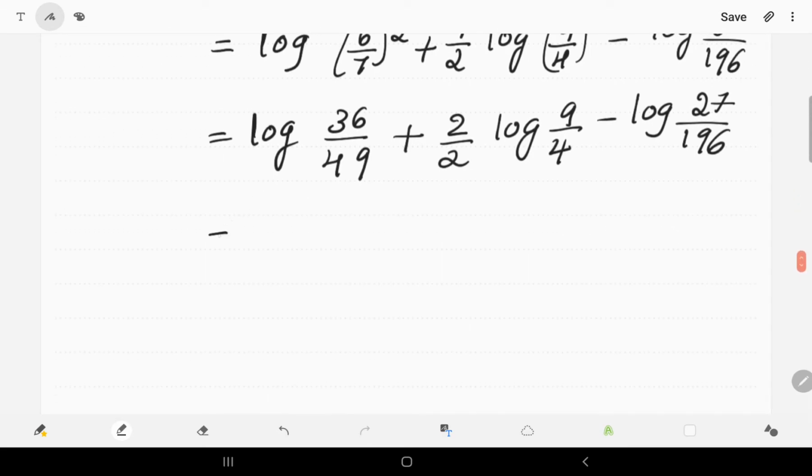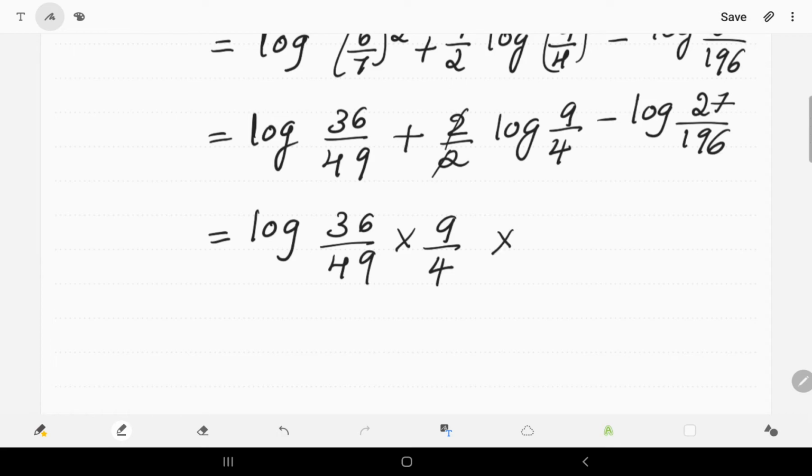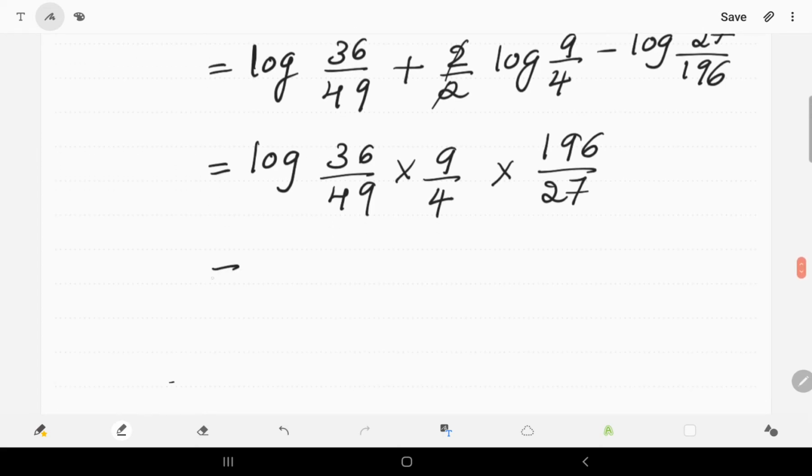So that is equal to, log of m plus log of n is equal to log of m into n, and log of m minus log of n is equal to m by n, that is it becomes 196 by 27 because m by n.